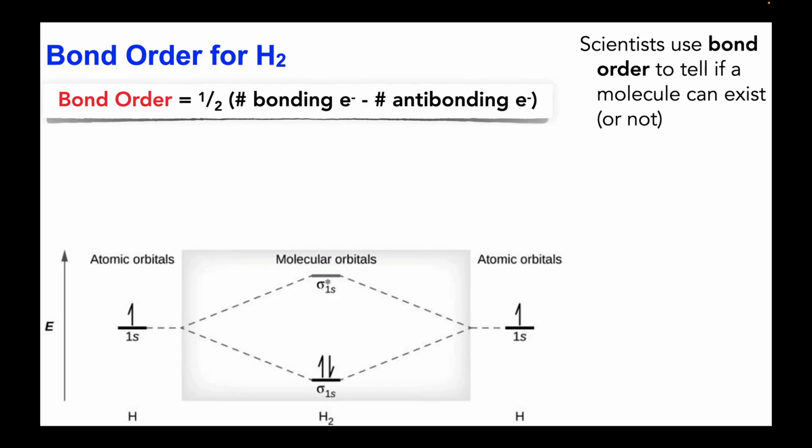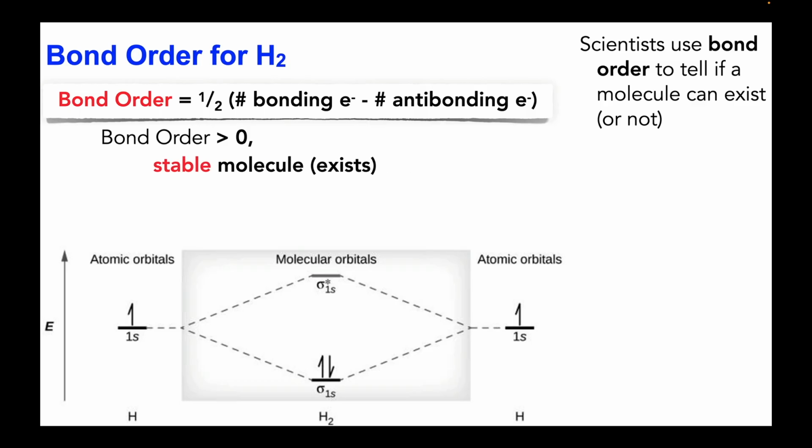Instead of just thinking about maybe it's good or not good, let's talk about a way to quantify if you make a molecule or not. And scientists do this with what's called bond order. And for molecular orbital theory, bond order equals 1/2 times the number of bonding electrons minus the number of anti-bonding electrons.